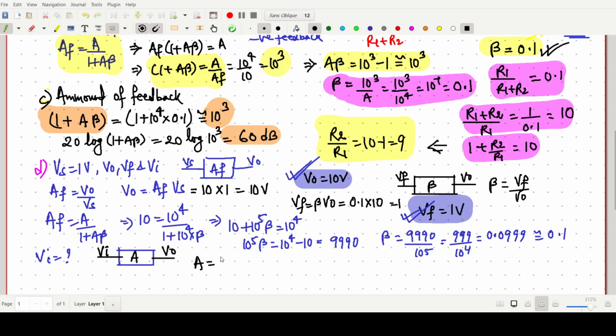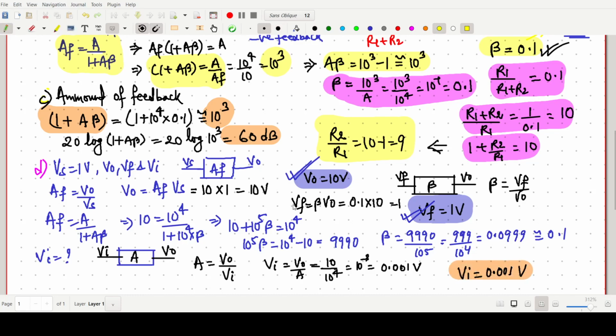So A equals V naught by Vi, so Vi equals V naught by A. V naught is 10 and A is 10 to the power 4. So it is 10 to the power minus 3, or we can write 0.001 volt. This is the value of Vi, 0.001 volt. Again I am highlighting the Vi value.